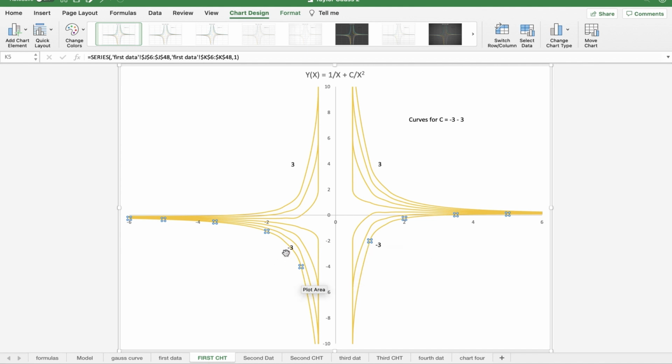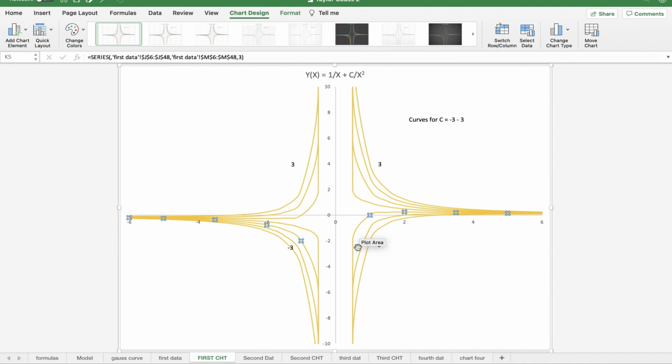And you can see that everything remains in the negative side of the y axis, y equals 0. We have the same for this minus 2, c equals minus 2, and c equals minus 1.